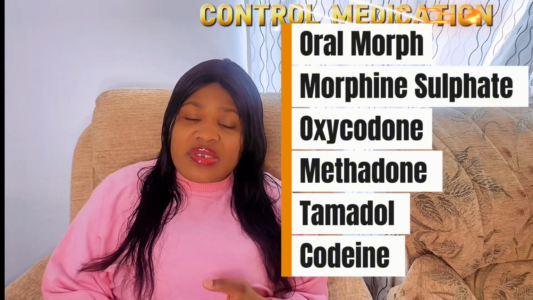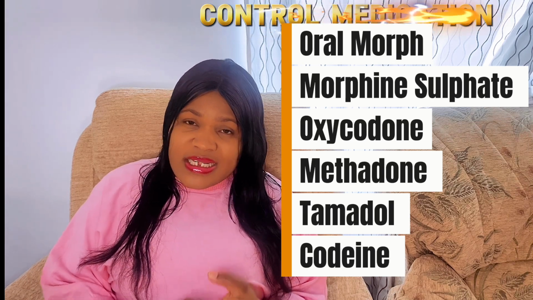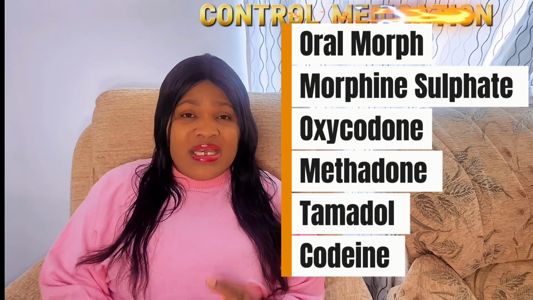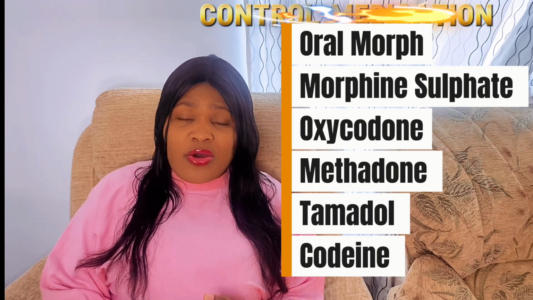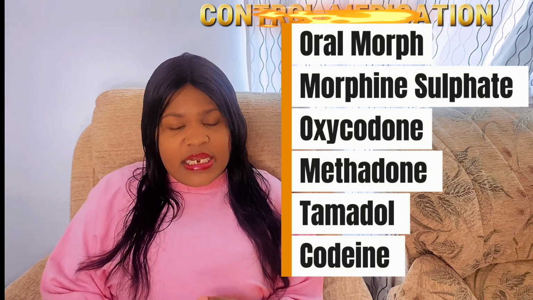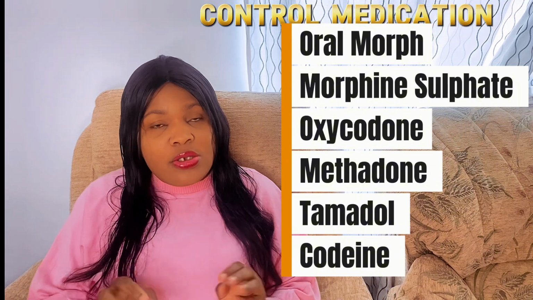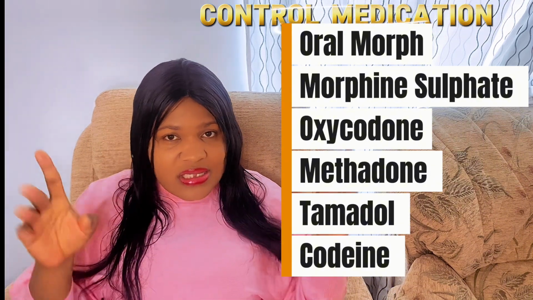The next one is codeine. If you see codeine sulfate, please don't administer. You are not yet licensed to do so. It is a fail because it's under controlled drugs. All right, and then the next one I have here is oxycodone. Do not administer, guys.